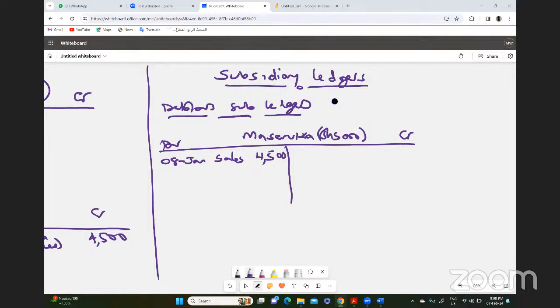If Tom brings back certain goods, we shall credit Tom's ledger. So in the end, we shall have a balance on Tom's account, a balance on Maseruka's account, and a balance in the general ledger account. The balance in the general ledger must be equal to the balance of Tom and Maseruka combined. If the two are not the same, then we can investigate further.